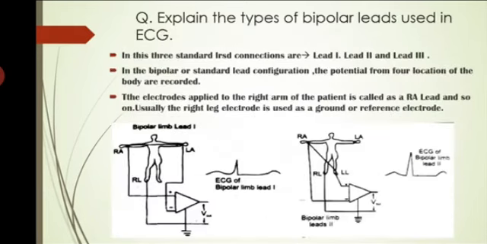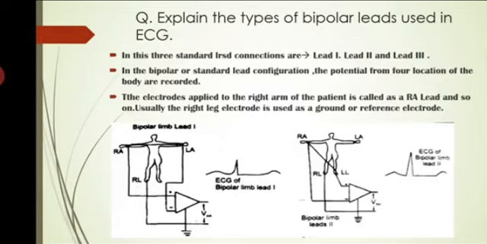Now we will see the types of bipolar leads used in the ECG. In ECG measurement, different types of leads are used. First are the bipolar leads, which we can also call standard leads. In these, three standard lead connections are there: lead 1, lead 2 and lead 3.